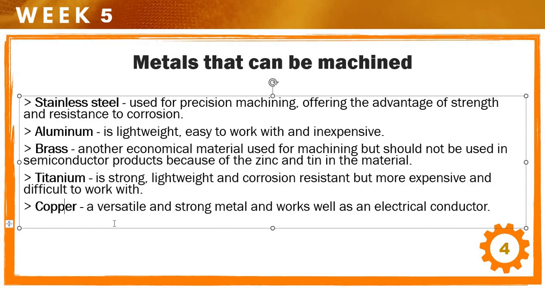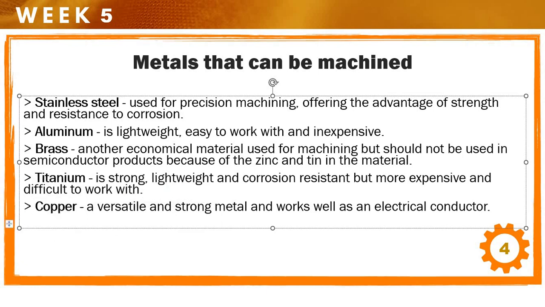The next is copper. Copper is a versatile and strong metal and works well as an electrical conductor. It is also used in the machining process. I know that you are familiar with the electrical wirings in your houses. They are made of copper.